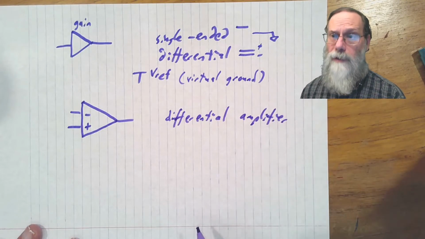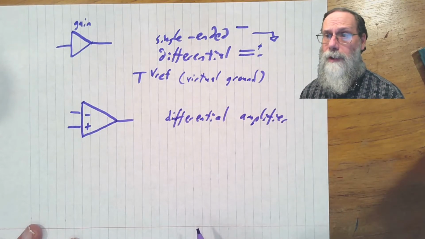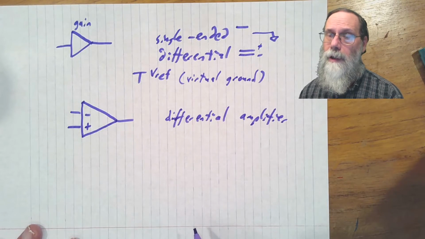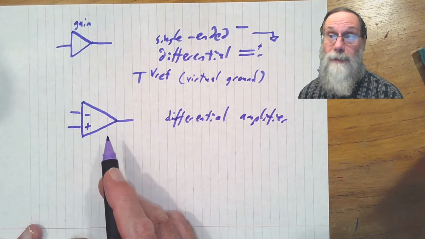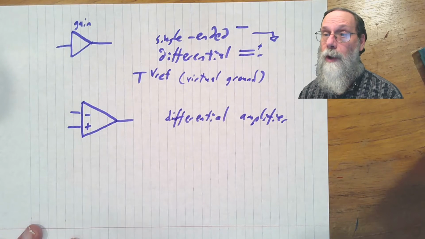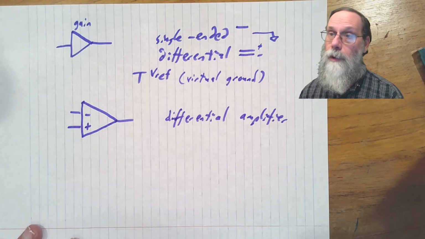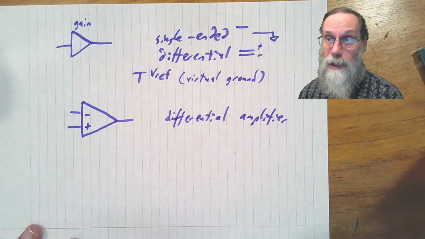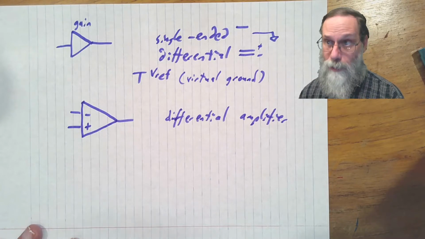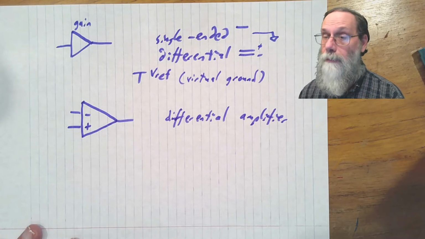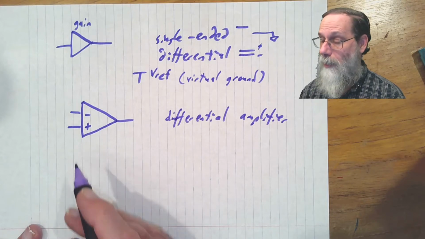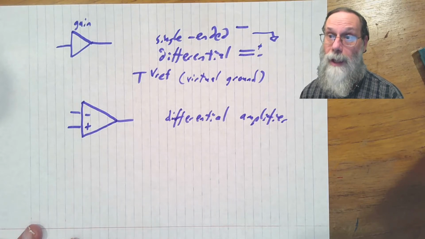And we will have several different sorts of differential amplifiers in this class. Unfortunately, they all use the same symbol. So you have to know from context what sort of differential amplifier is meant, because we will use this for op amps. We will use it for instrumentation amps. We'll use it for comparators. They're all rather different circuits, but they all share this common differential amplifier symbol.